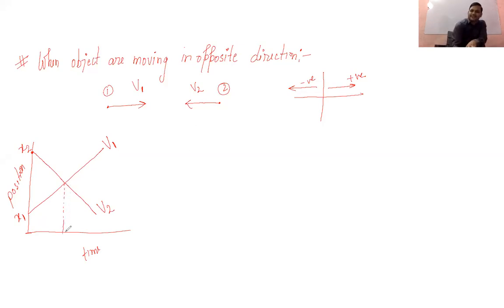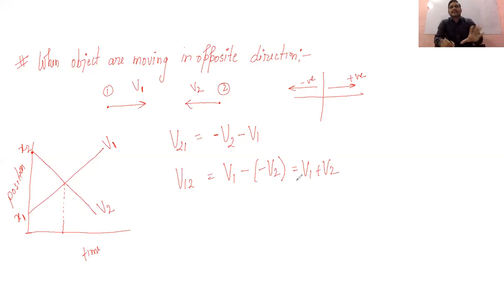The velocity of 2 with respect to 1, you will write as v2, where v2 is taken as negative, so minus v2 minus v1. And the velocity of 1 with respect to 2 is v1 minus of minus v2, so plus: v1 plus v2. Simply, this is the case. Okay, I think you got my point.